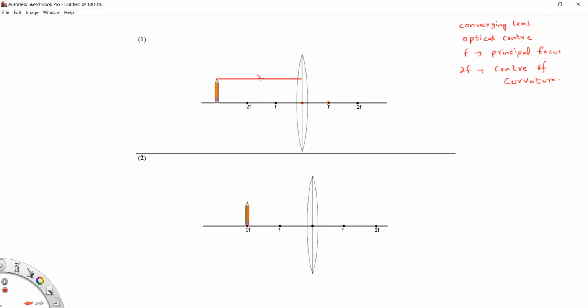A ray of light that passes parallel to the principal axis, after refraction, rule 1, passes through where? It passes through the principal focus.